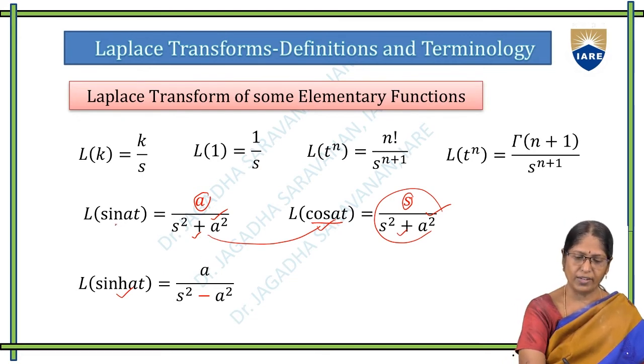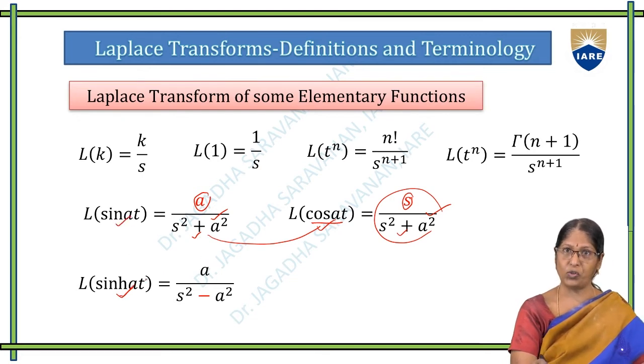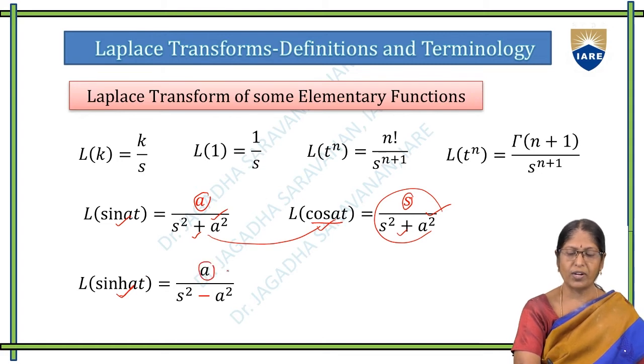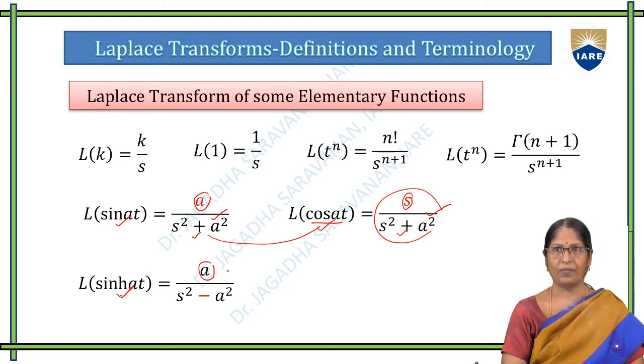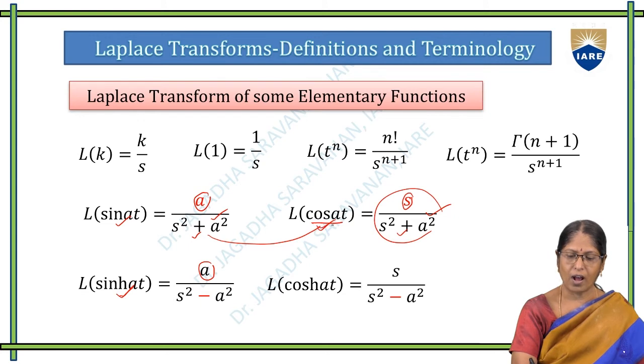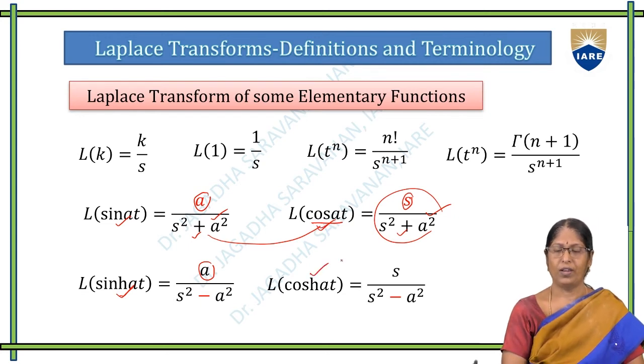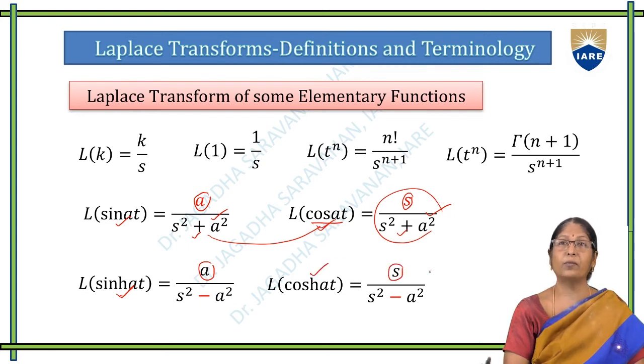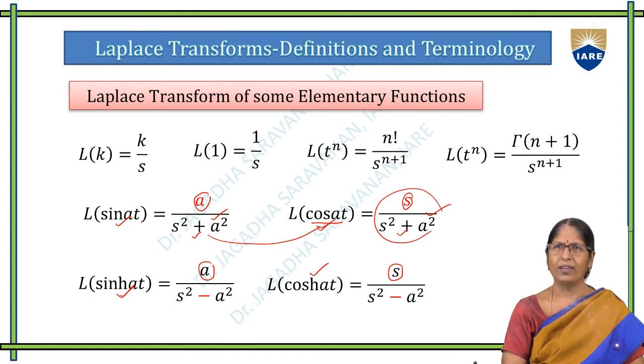Sin, whether it is sin or sinh, the numerator is dominated by a. Cos or cosh, the numerator is dominated by s. Simple way, easy way, we can remember the formulas.